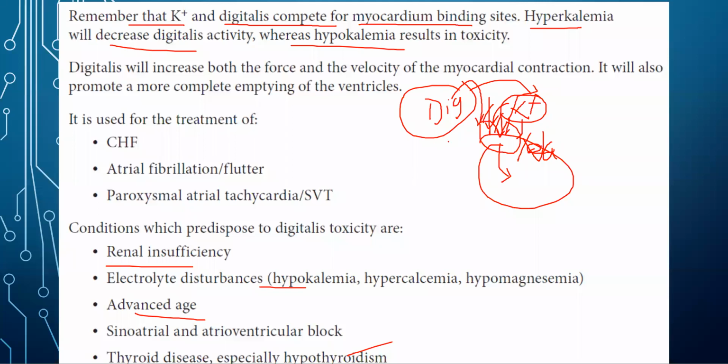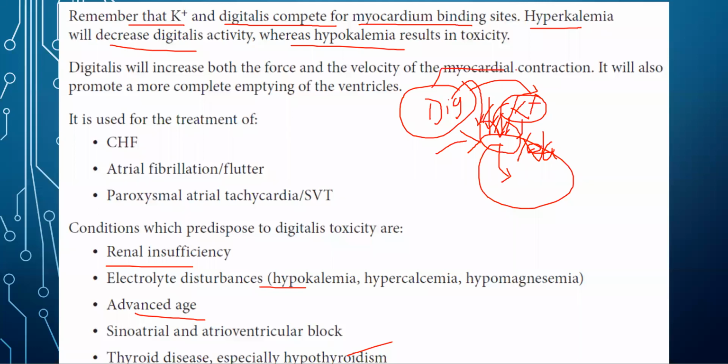So, as I said, in your cell there is a receptor for binding potassium. So this is the receptor. Potassium binds to this receptor to go into the cell. Just the same, digoxin also needs the same receptor to go into the cell, so it competes with the potassium to bind with this receptor.